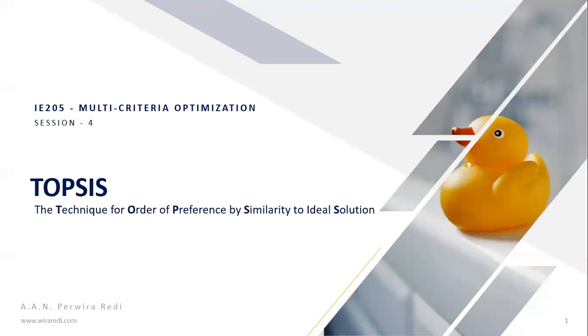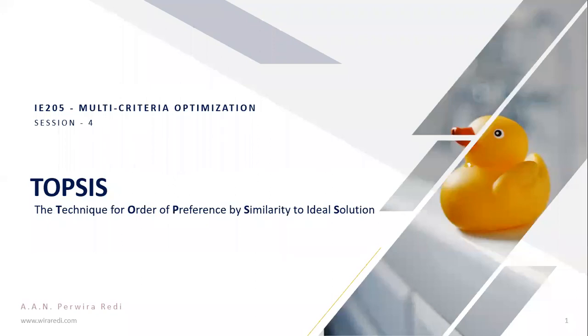Okay, in this part we will talk about another multi-criteria decision-making method, so-called TOPSIS. TOPSIS is actually an abbreviation for the Technique for Order of Preference by Similarity to Ideal Solution.